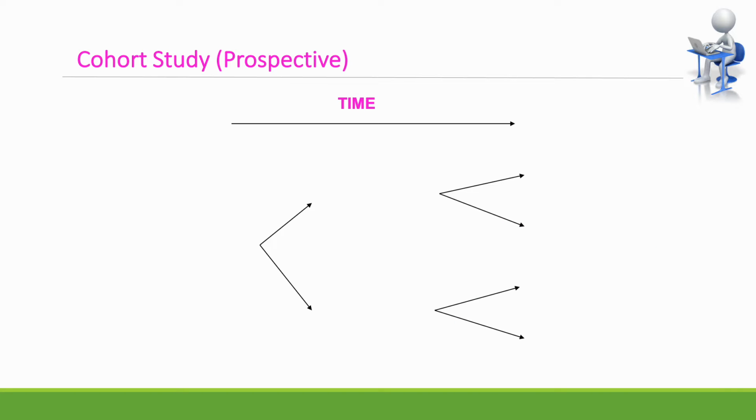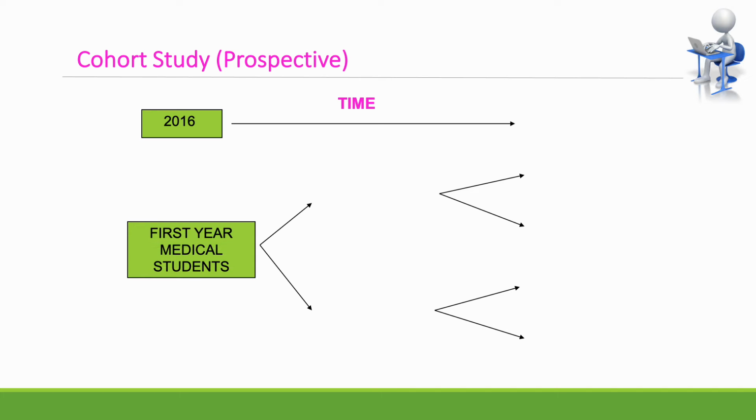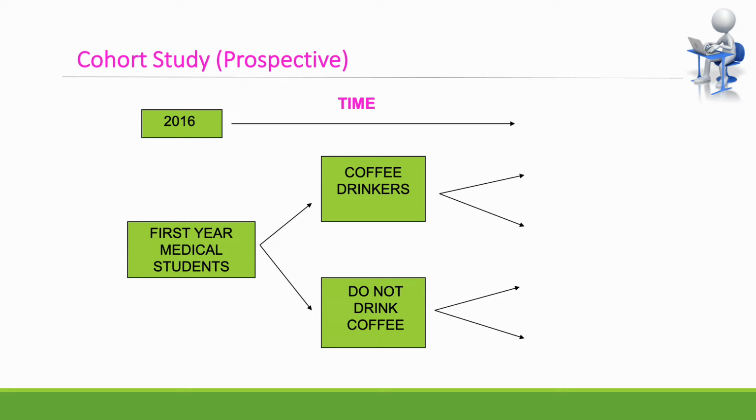So in cohort studies, this is also an observational study design which is used to determine association between exposure and disease. So it starts with a cohort of participants at present time with exposure, or a similar cohort comparison group without the exposure.